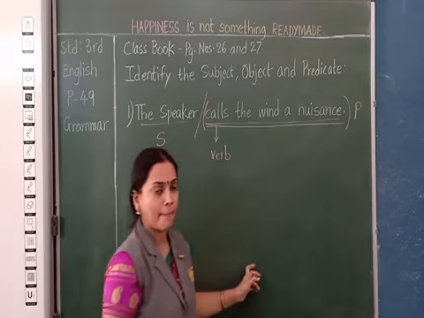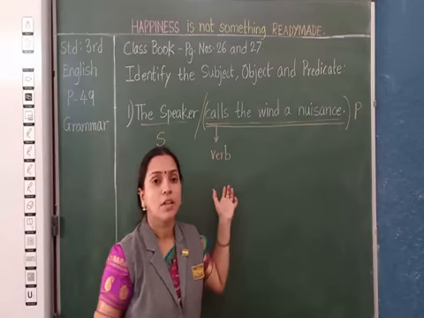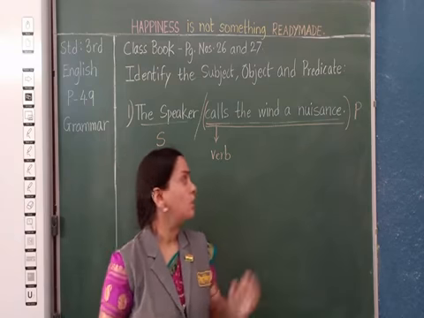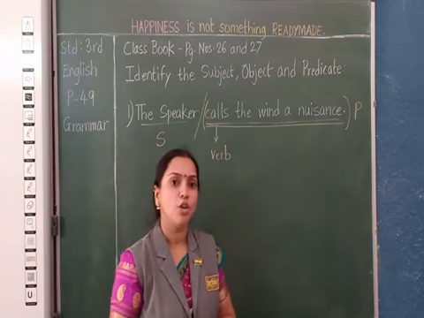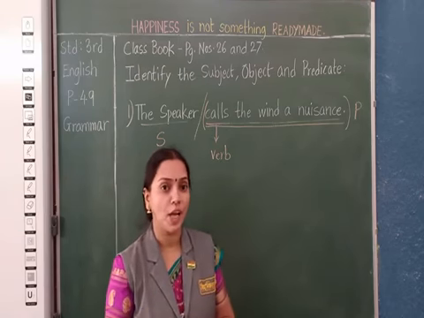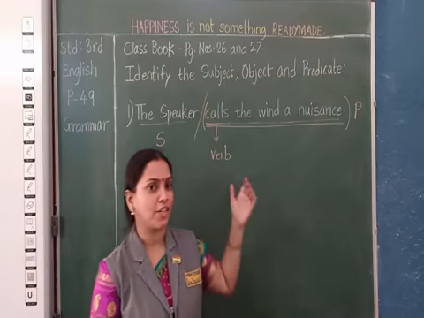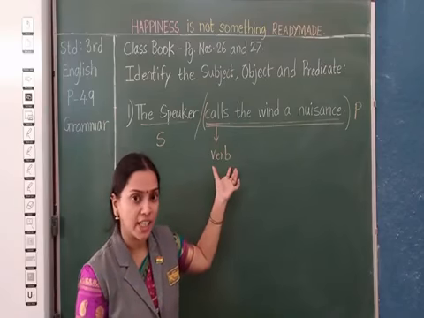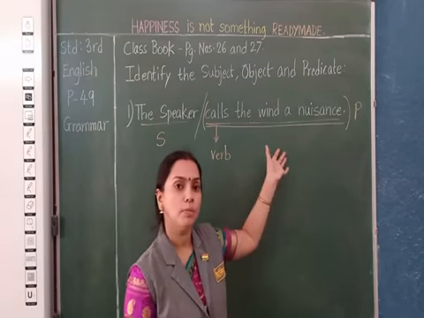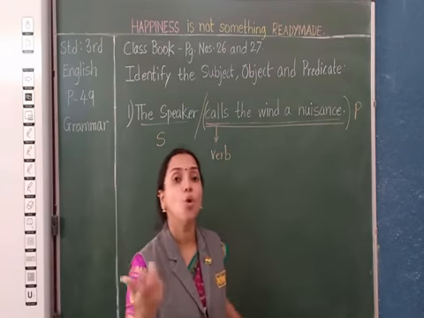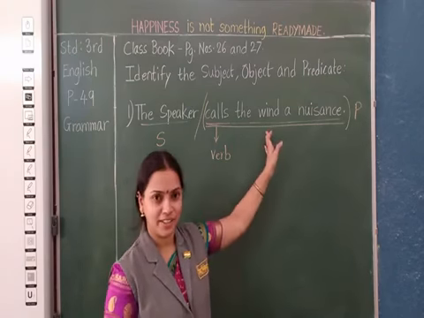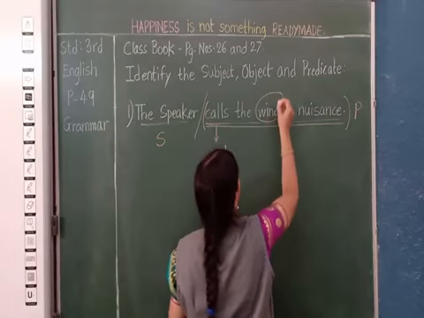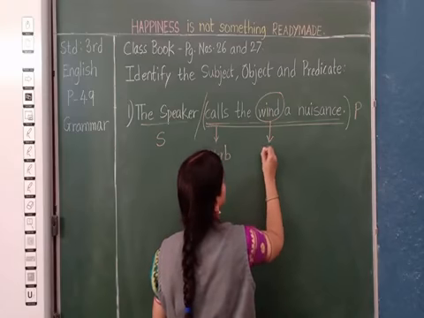Now let us find out the object. How can we find out the object? We have to find out on whom the action is being done. The action of calling is done to whom? The speaker is calling whom? The wind, isn't it? So here wind is our object.